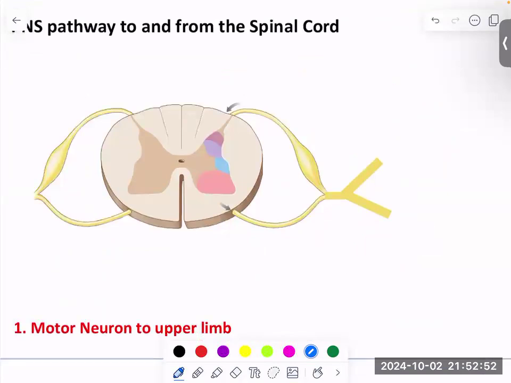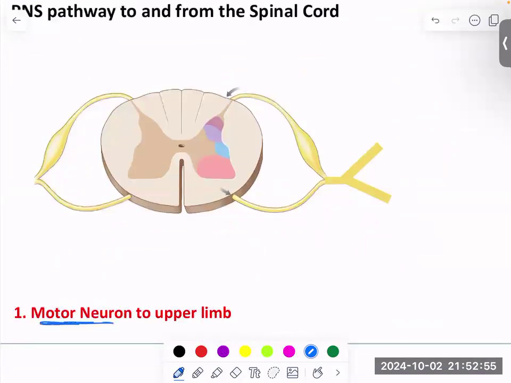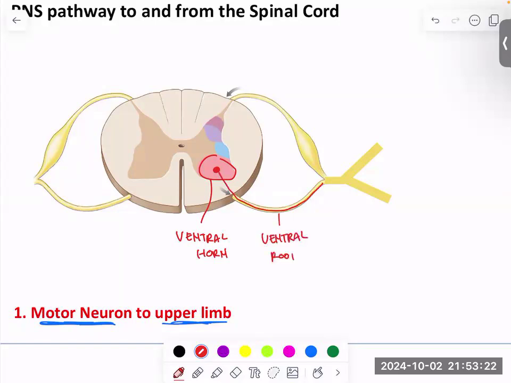So this one is an example, a motor neuron that goes to your arm. That starts right here in the ventral horn. This one's specific. The neuron is going to come out the ventral root. That neuron is going to go into the spinal nerve.